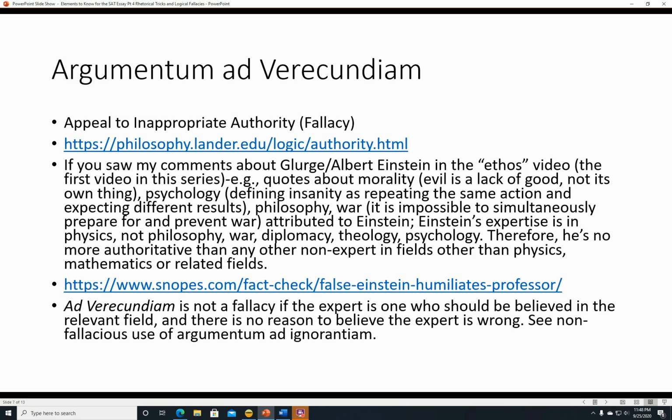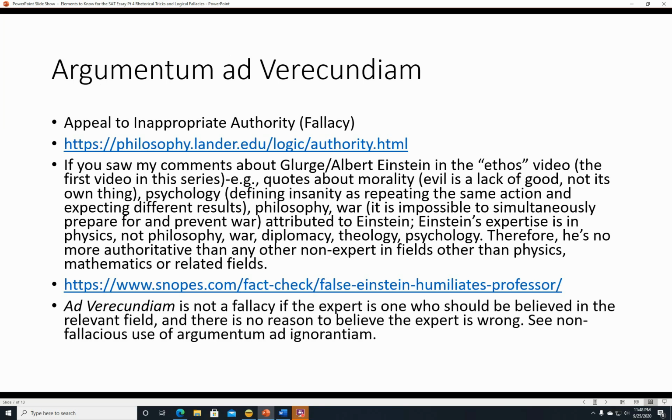So the Albert Einstein one I'm talking about is where a professor says, well, how can there be a God if there's evil in the world? Very common argument. And so the student gives some quotes about morality. Well, actually, Professor, evil is a lack of good, dark is a lack of light, cold is a lack of heat. So the idea is by analogy that dark is not really anything, it's just a lack of light.